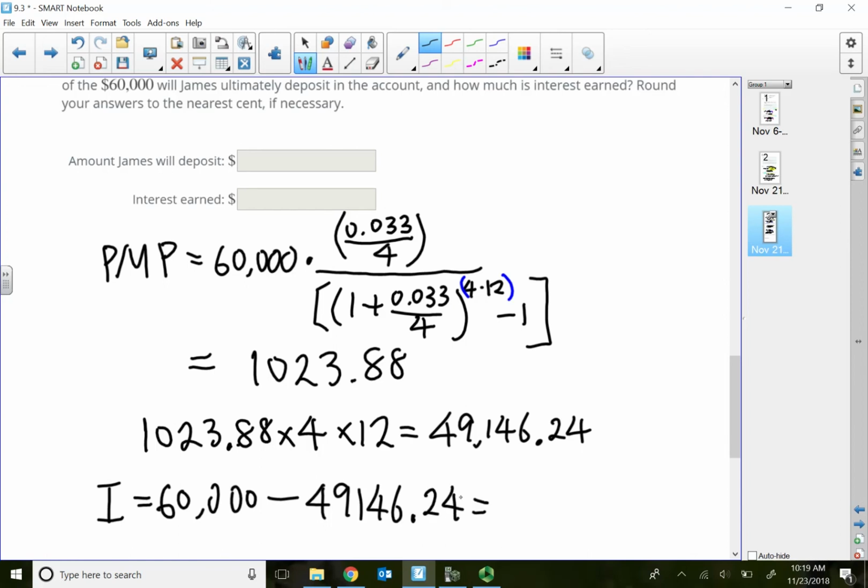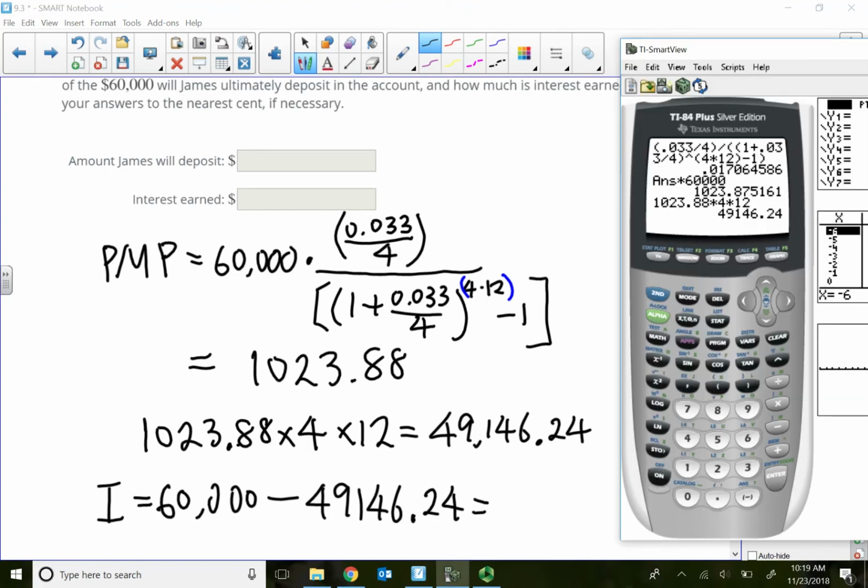All right, let's subtract that from 60,000 so we know how much interest. So James deposited $49,000. So the interest earned from the account is $10,853.76.